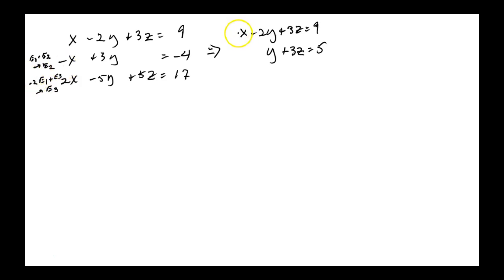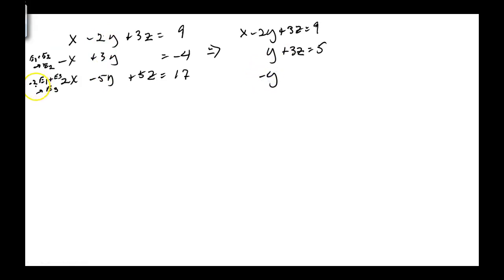Negative 2 times x is negative 2x, plus 2x is 0, right? Negative 2 times negative 2y is 4y minus 5y would be minus y.